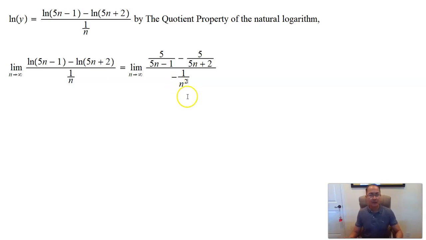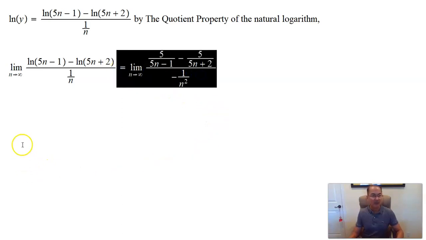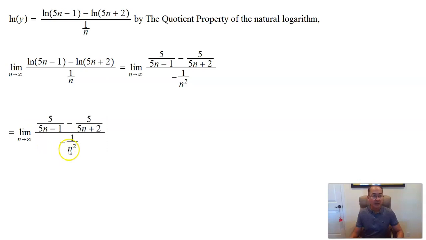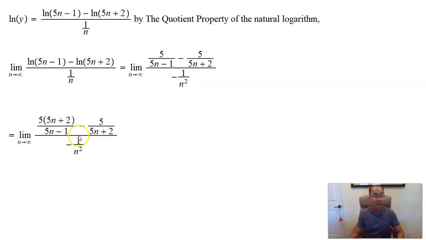Okay, so we're going to do some algebra now. Let's go to the next slide. We are going to distribute the numerator. So we will multiply 5n plus 2 to 5 in the numerator here, and this minus 5 by 5n minus 1.